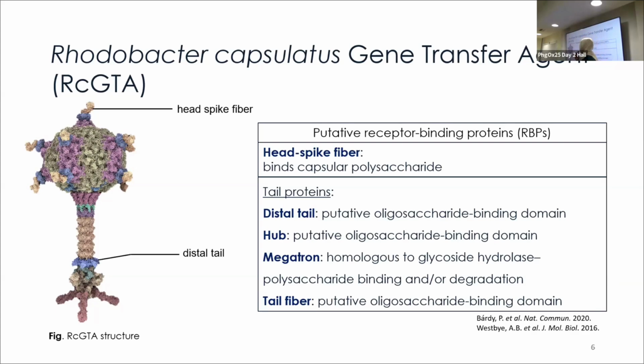And at the end of the tail, there are the distal tail hub, megatron, and tail fiber proteins. And these all have putative oligosaccharide binding domains. But interestingly, the megatron protein has a domain that's homologous to a carbohydrate degrading enzyme.